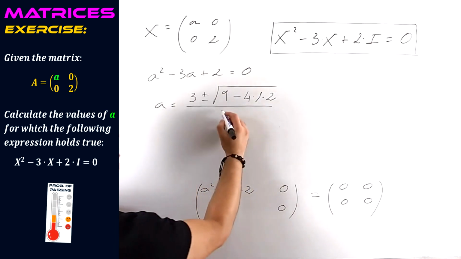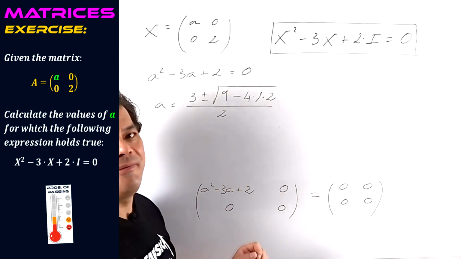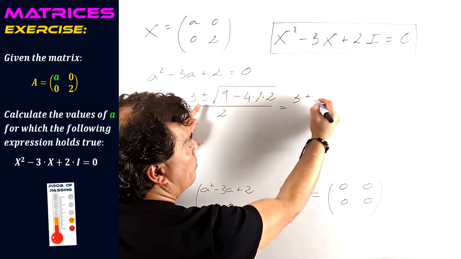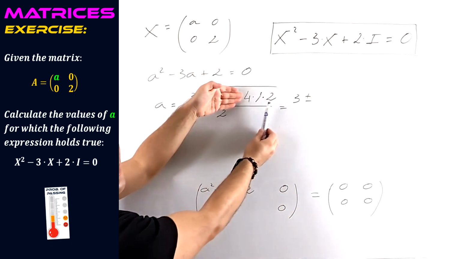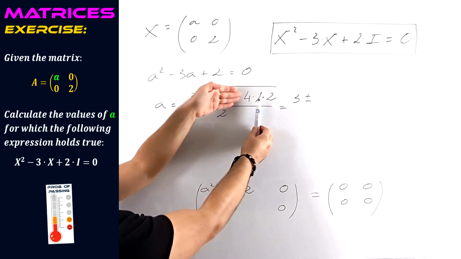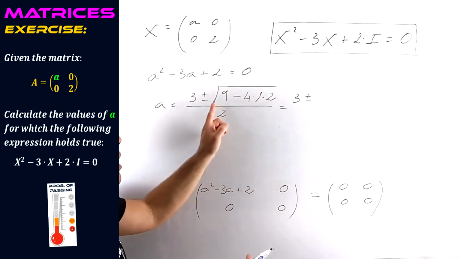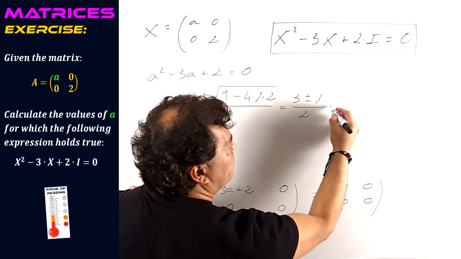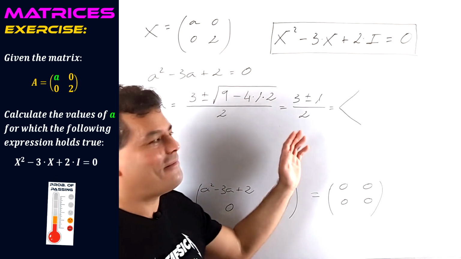Divided by 2 times A, that is 2 times 1, 2. 3, plus or minus, 4 times 1 times 2 is 8. 9 minus 8 is 1, and the square root of 1. Divided by 2, and there we have the solutions of this problem.